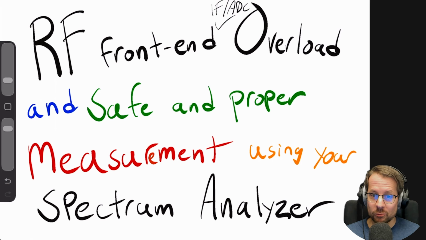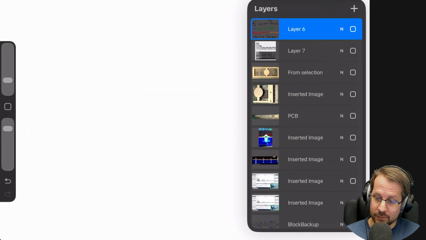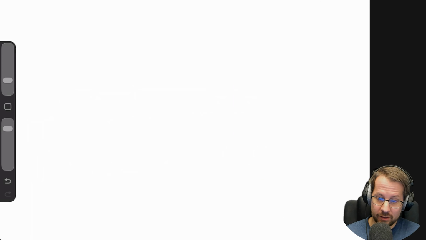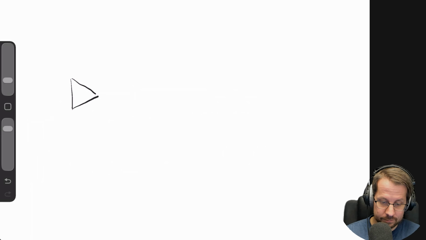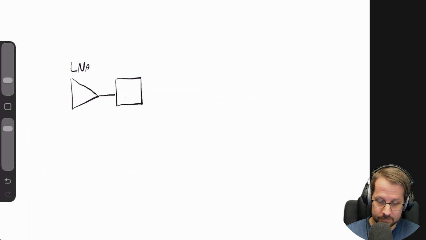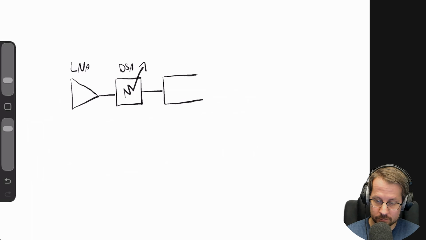So the easiest way to explain this is by first drawing out a typical block diagram. So I'll add a new layer here, and then I will first draw a typical low noise amplifier, and this can go into a digital step attenuator, and this can go into multiple filters, but I will only draw one.